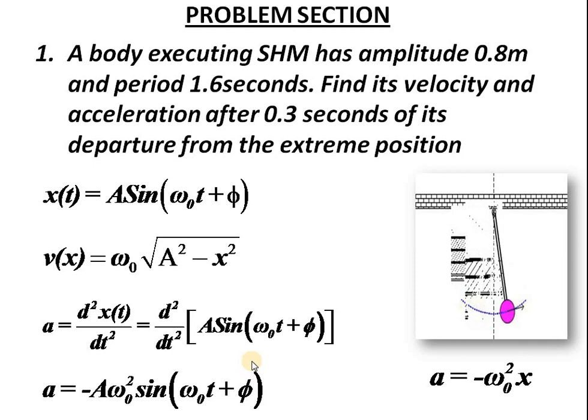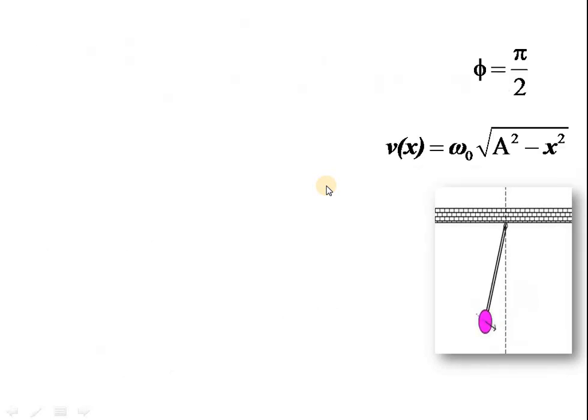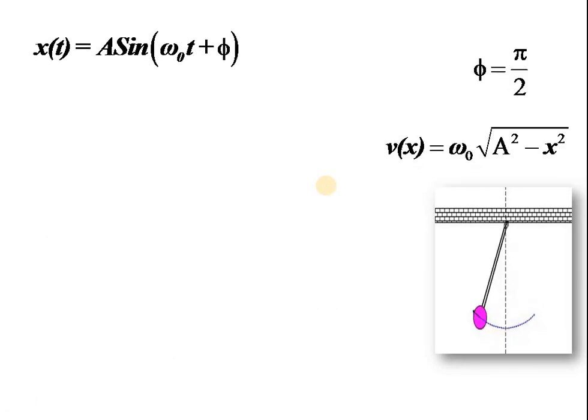So we can easily find the acceleration. Briefly, you write acceleration as a is equal to minus omega 0 square x. Here the x value is given. So you can easily find acceleration. A is the amplitude that is given in the problem, that is 0.8 meter. So acceleration can also be found from the given data.